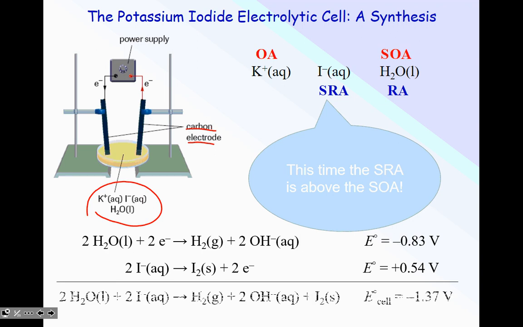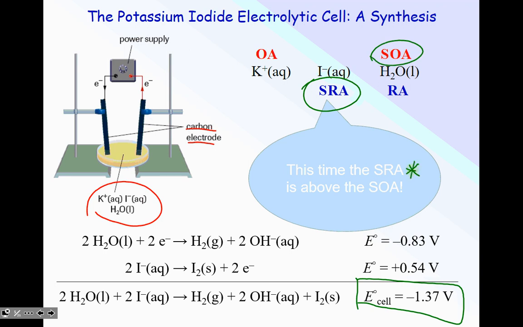And when we find our potential, we see that it's negative. Okie dokie? Because we're comparing the SRA and the SOA, and this time the SRA is above the SOA, making it non-spontaneous.